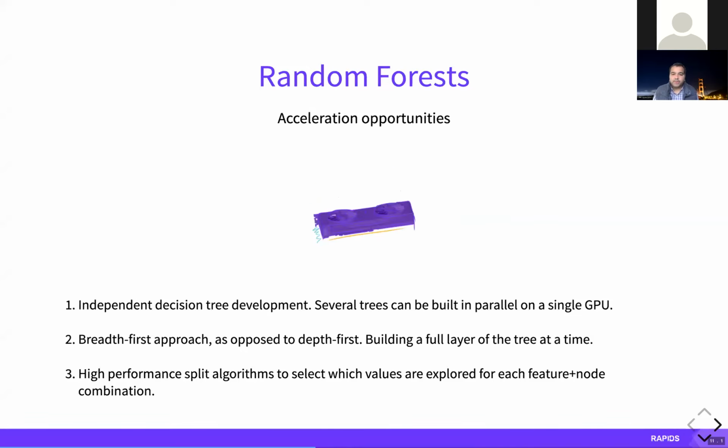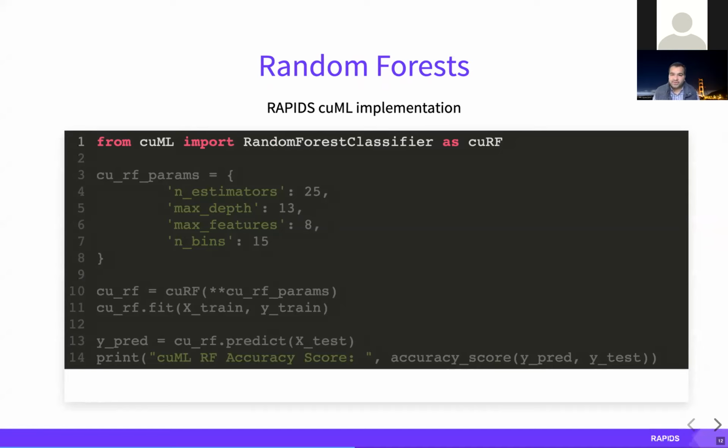You might wonder what you need to do in order to make it work. Well, it's very simple. It's exactly the same as in scikit-learn. All you need to do is change the import statement and use cuML instead of scikit-learn to instantiate your random forest classifier.